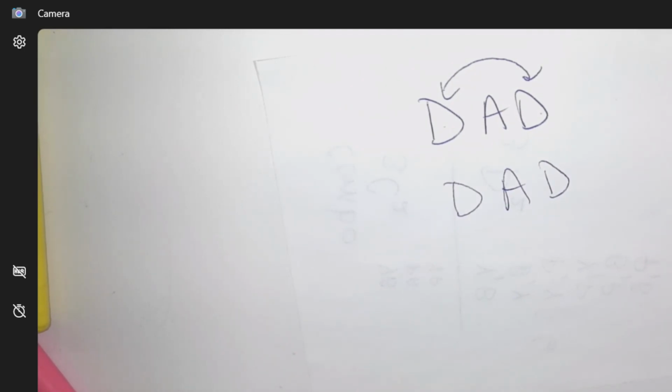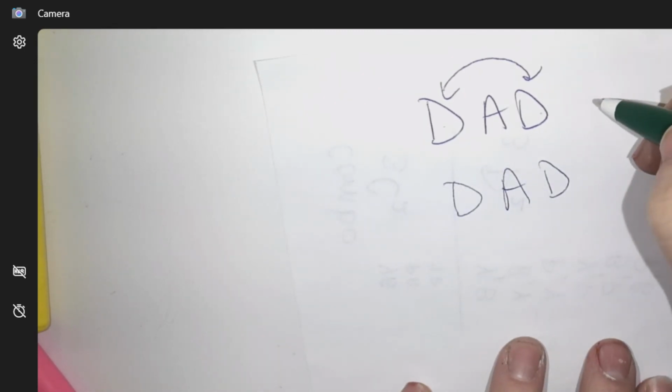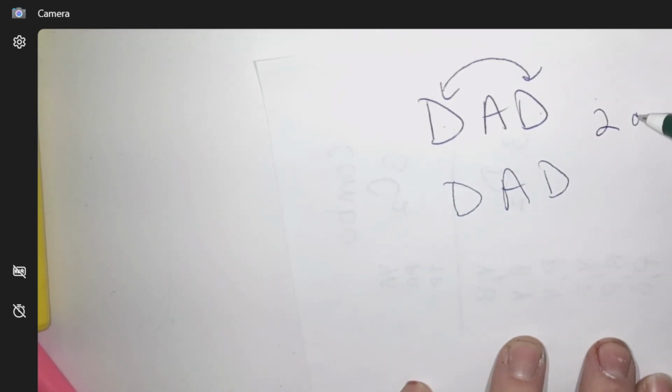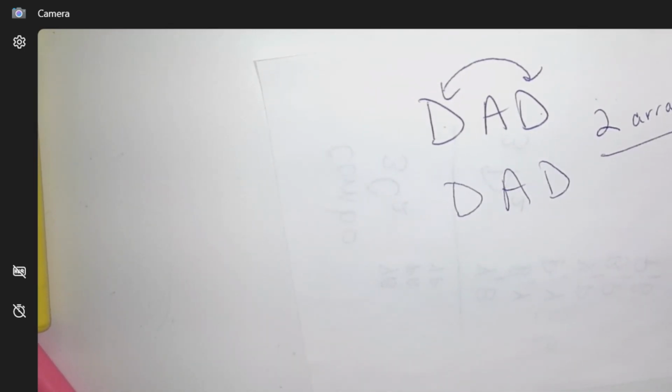So when you move around letters and they're repeated letters, this is 2 different arrangements, but they look the same. So in math, when you want to cancel something out, you divide it out.